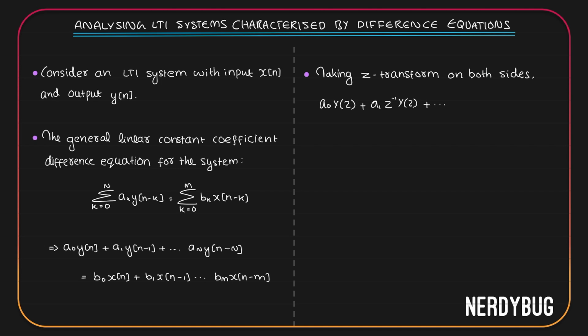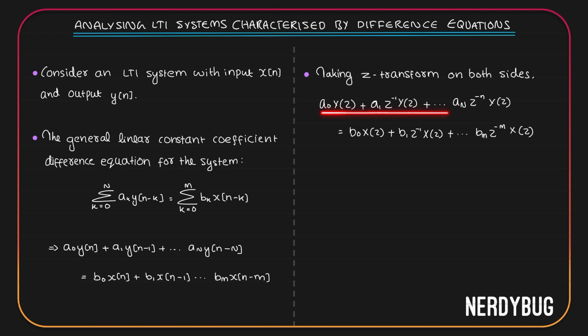This goes up to n terms. Z transform of the nth term is going to be an z raised to minus n y of z. Using the same way, we can write the right hand side also. It will be b0 x of z plus b1 z inverse x of z plus the mth term will be bm z raised to minus m x of z.